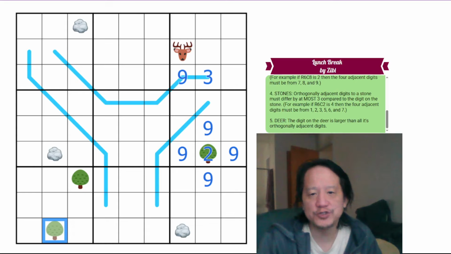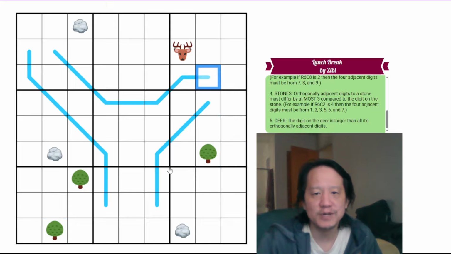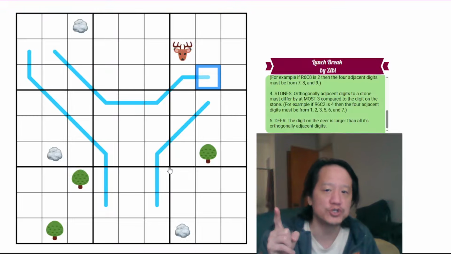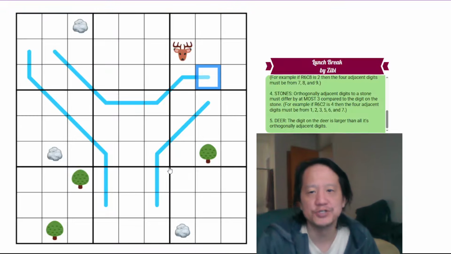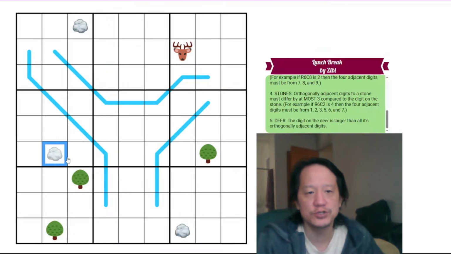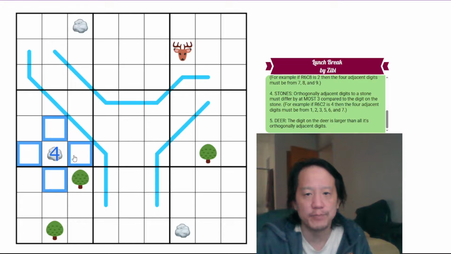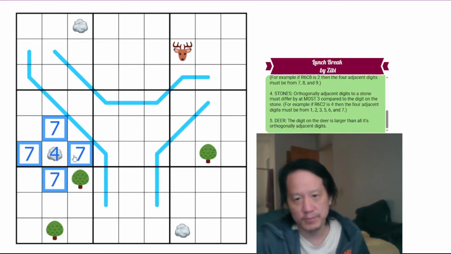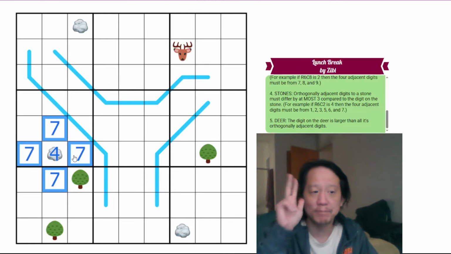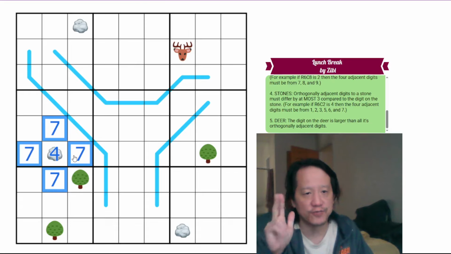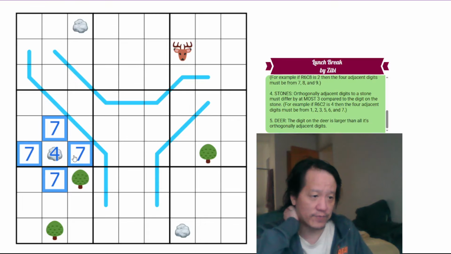We also have stones, where orthogonally adjacent digits to a stone must differ by at most 3 compared to the digit on the stone. For example, if row 6, column 2 is a 4, then the 4 adjacent digits must be from 1, 2, 3, 5, 6, or 7, because those are the digits which differ from 4 by at most 3.